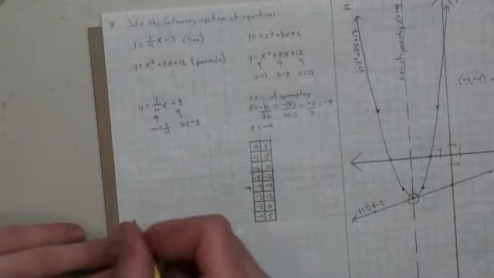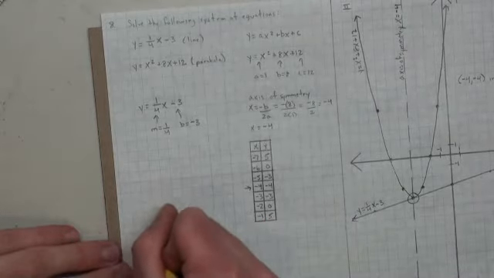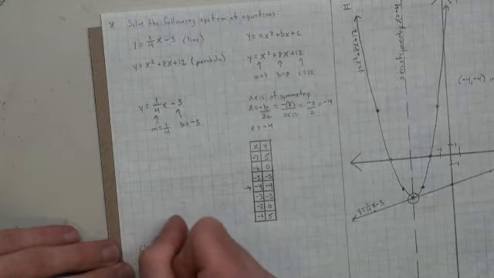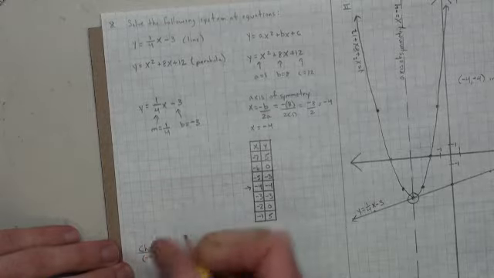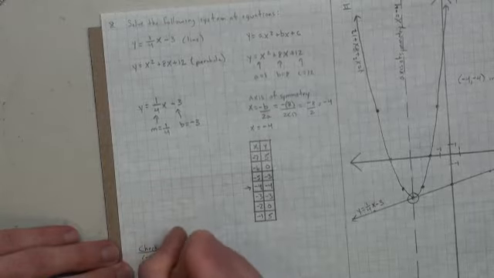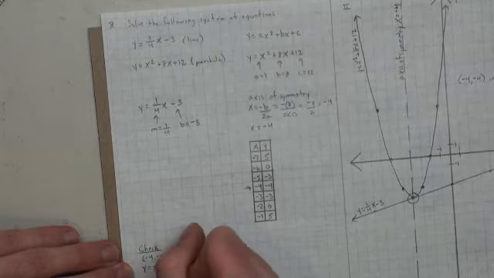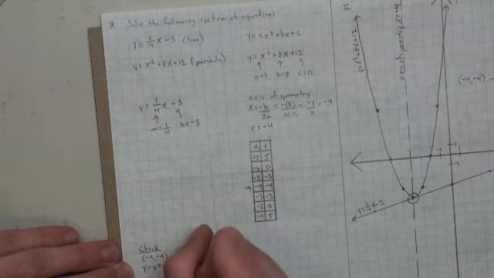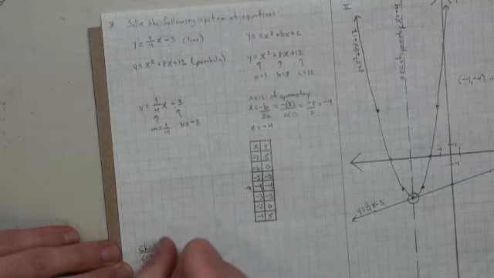Alright, and I circled my point. Now I just have to check that one point. So I only have to do 2 checks instead of 4. I'm checking the point negative 4 comma negative 4. First in y equals x squared plus 8x plus 12.